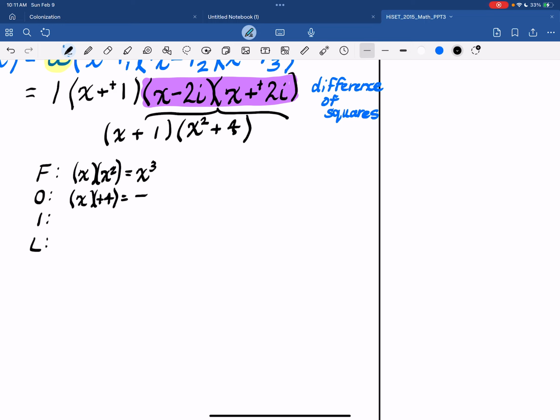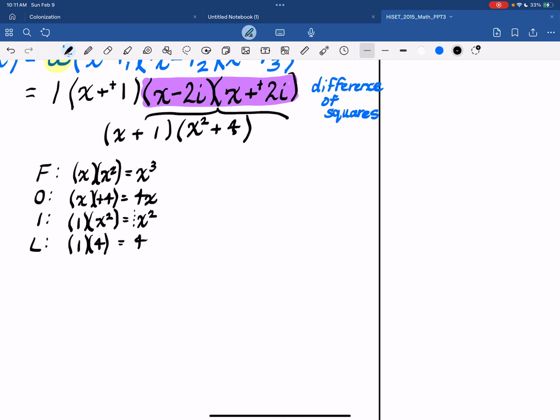And that would give me a 4x as the output. And then the inside terms, I have a 1 and an x squared. So that would give me x squared. And then the last terms are positive 1 and positive 4. So that would give me a 4 on my last term.